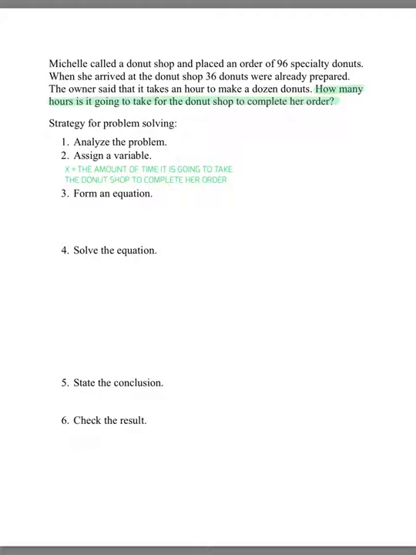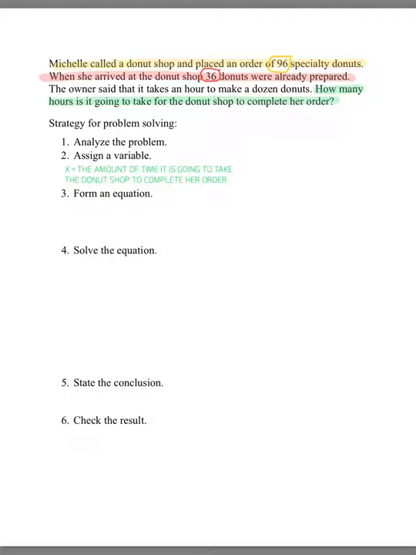Well, we know that Michelle called the donut shop and placed an order of 96 specialty donuts. So she wants a total of 96 donuts. And we also know that when she arrived, the donut shop already had 36 donuts prepared for her. So she wants 96, and upon arrival there are already 36 ready.